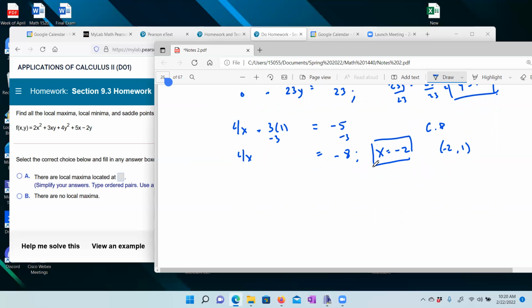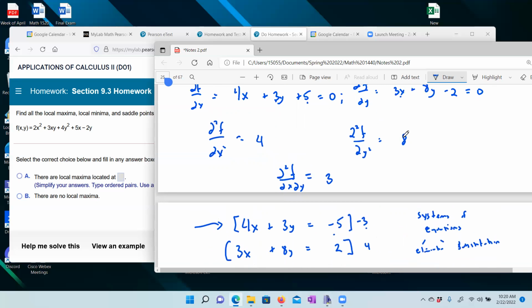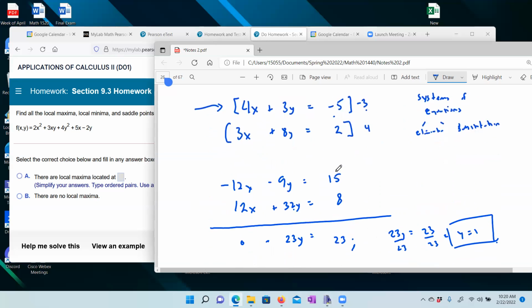Okay. So now we have to figure out the D. We could have figured it out before. Fxx, Fyy minus Fxy squared at this point. Fortunately, we go back up here, and we don't have any points to plug in. So it's just 4, 8, and 3 here.